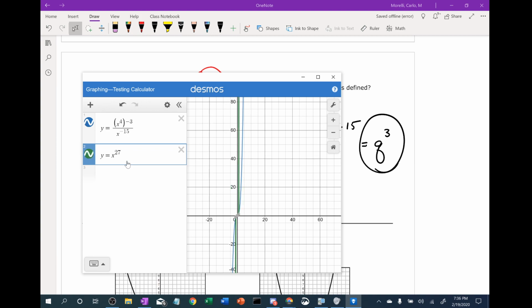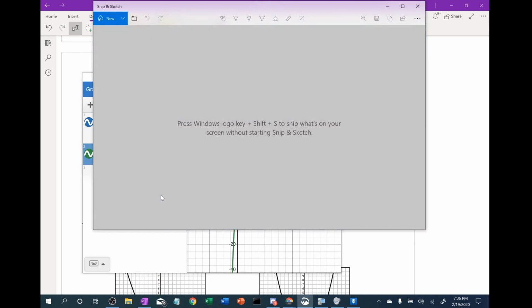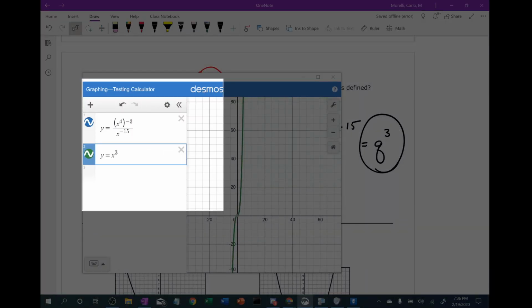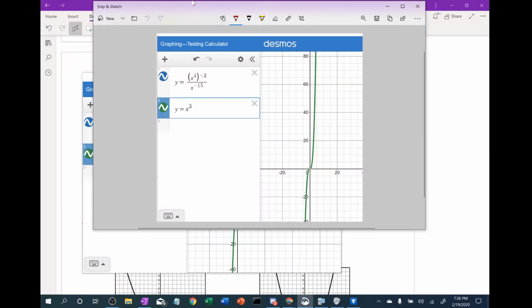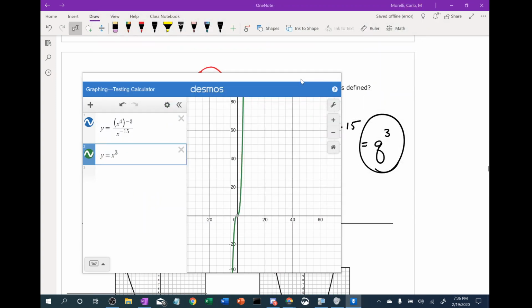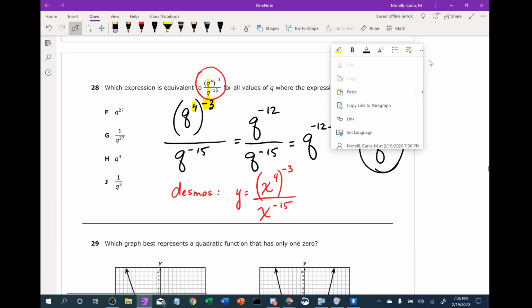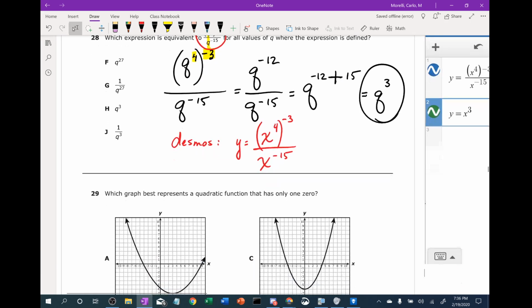So you would just plug in your answers until you got it right. There it is. So I'll actually screenshot that. Usually we couldn't do those exponential rules type questions, but there was only one variable, so we were able to do it.